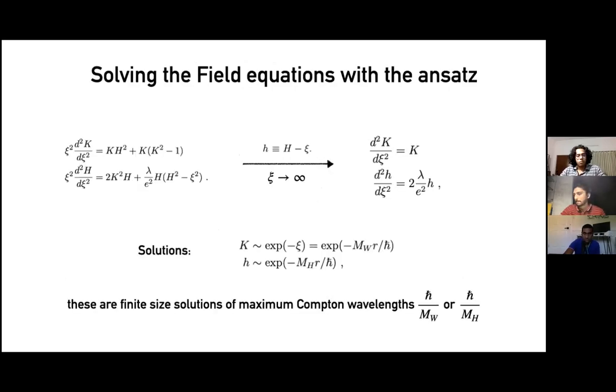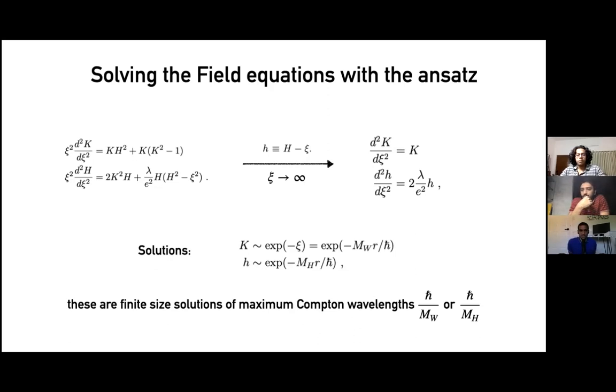And furthermore, you can just solve the equations of motion with this ansatz. And you'll find solutions. So, first let me explain why you would want to do this, right? Of course, you might want to be thorough and find these solutions and understand them. But really, the punchline is that the solutions exhibit a sort of exponentially decaying behavior with space.